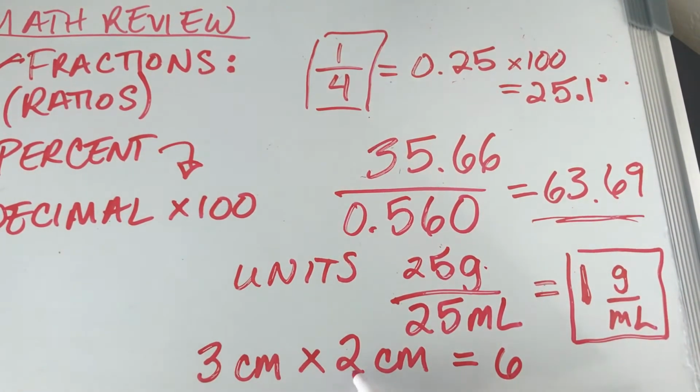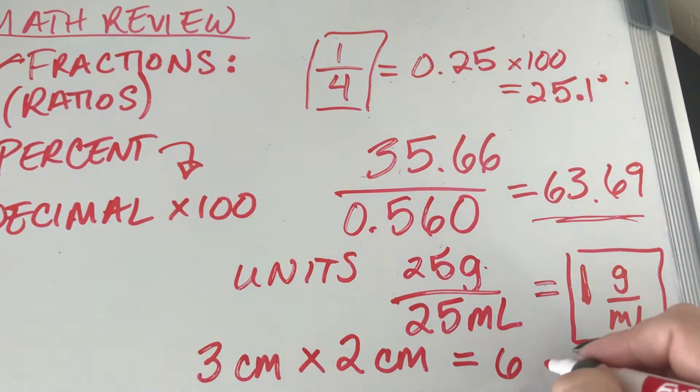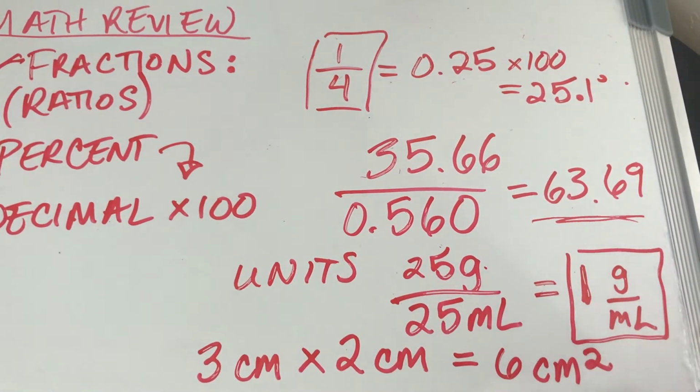So you'll have 6 for the coefficient, right? But the centimeters also multiply together, so you'll end up with centimeters times centimeters, which is centimeters squared. Square centimeters. Exactly, Juan Carlos, sorry. Your name on the screen is just Juan, so I'm always going to forget.